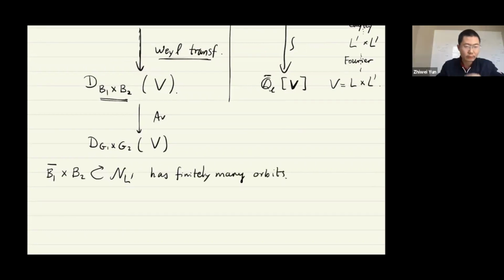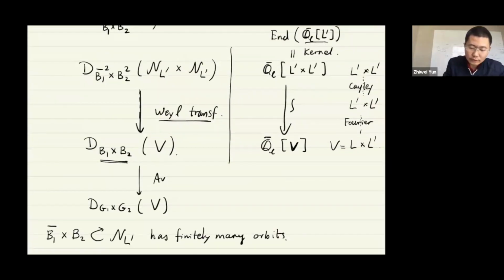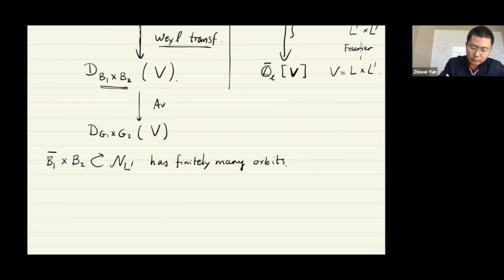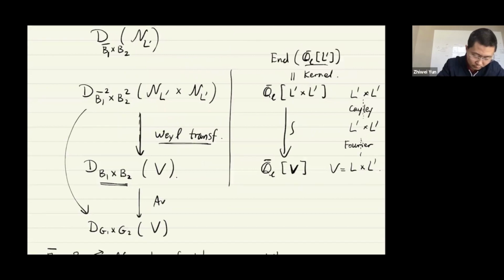Like the Bruhat double cosets. So we basically have finitely many simple perverse sheaves to put here and follow these functors. We will get semi-simple complexes. So let's call this functor theta.